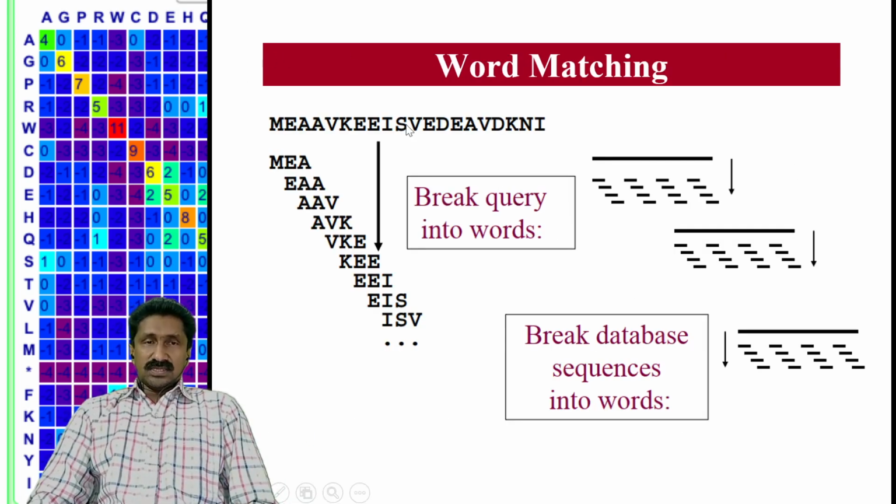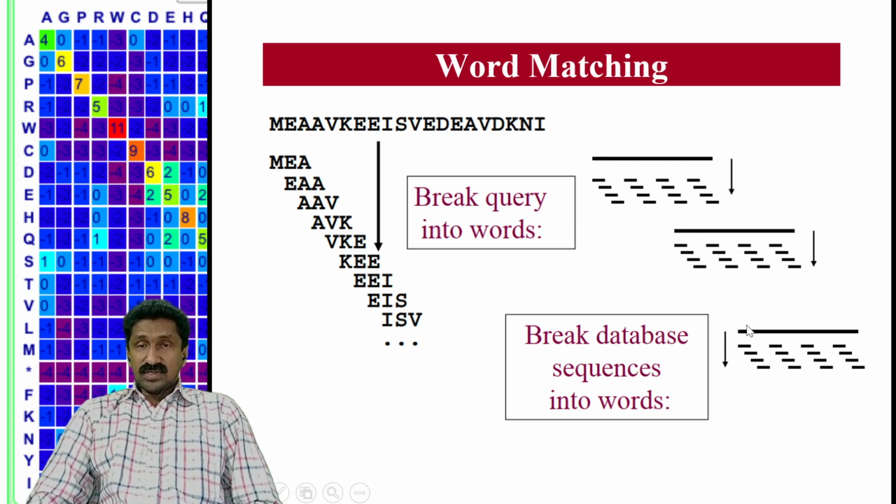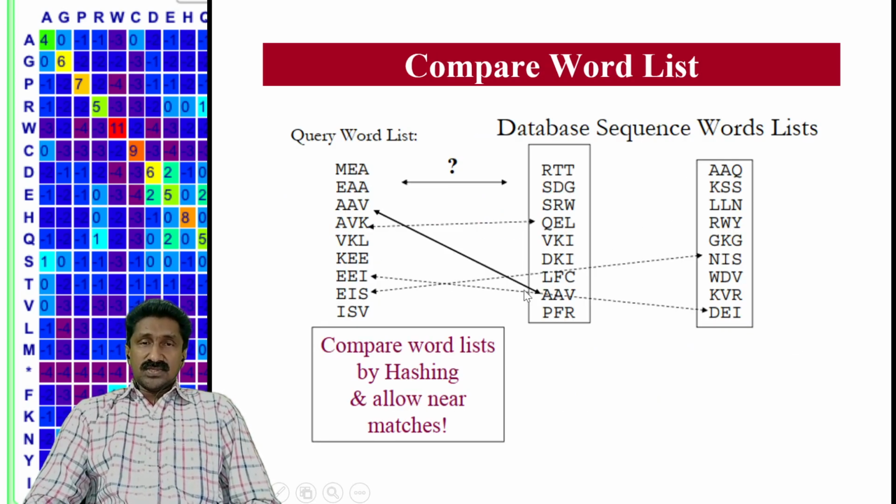Say this is a query word, it will be broken up into different words of length k, and database query words will be constructed. It will be searched against this list. So this is how it will be compared against each and every word of the sequence.